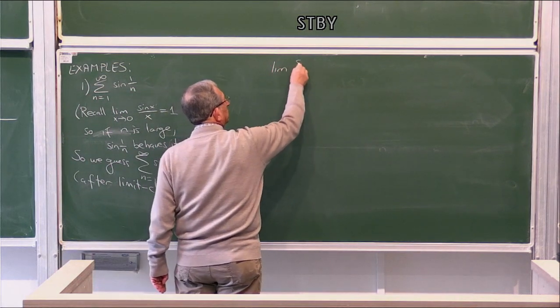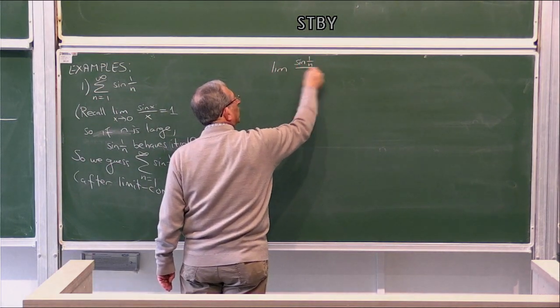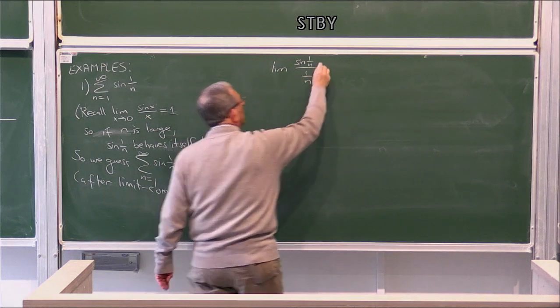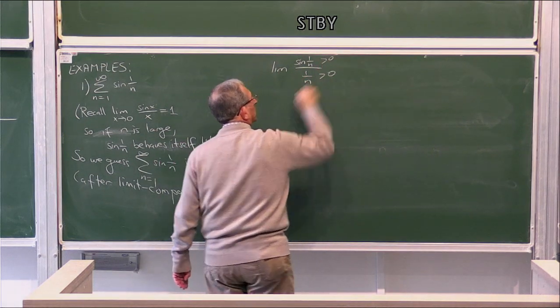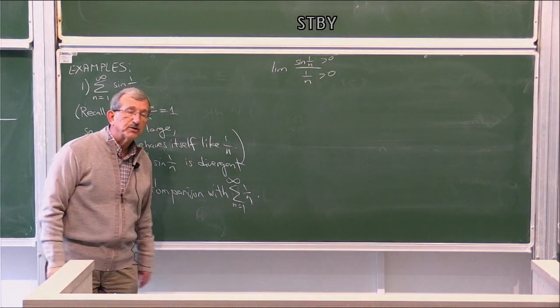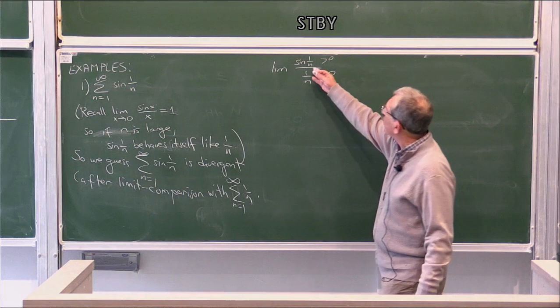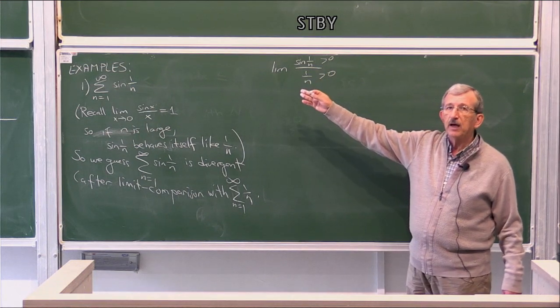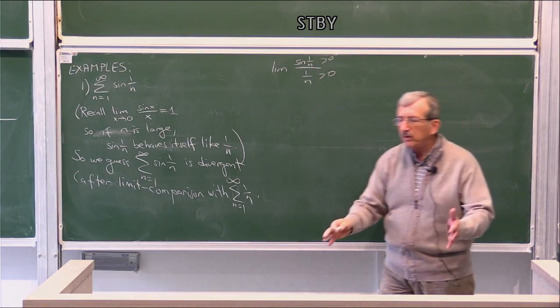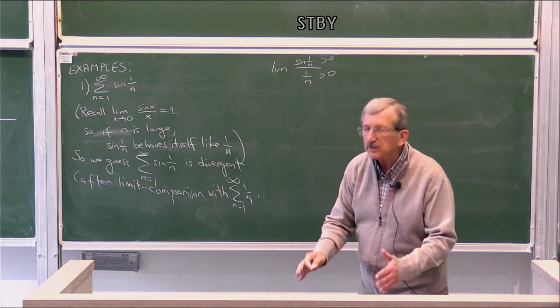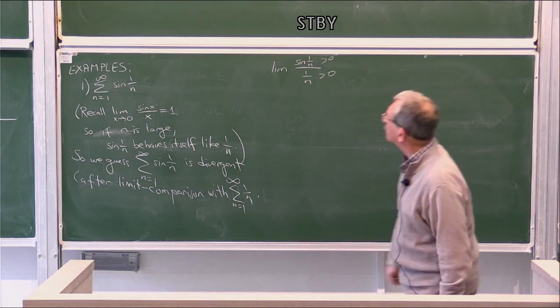Okay, let us do it. The limit of sine 1 over n over 1 over n, of course, both terms are strictly positive for every n, because sine 1 is positive, and 1 over n is between 0 and 1, and in that interval, the sine function is positive.